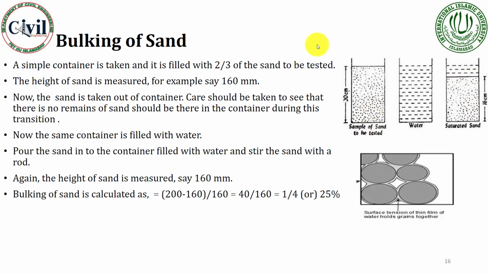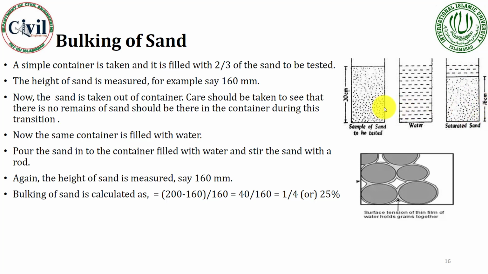Let's say in this picture, you can see a 20 centimeter sand column in a cylinder, and after placing the water into the sand, so that the level is retained, after 25 to 30 minutes you can observe that the sand column is left as 16 centimeter.